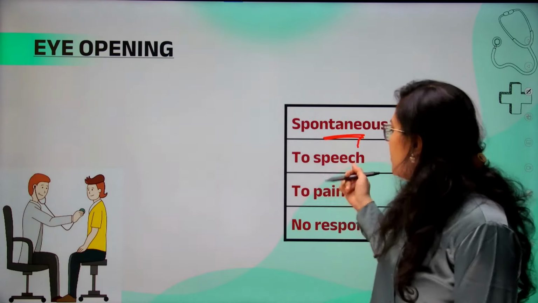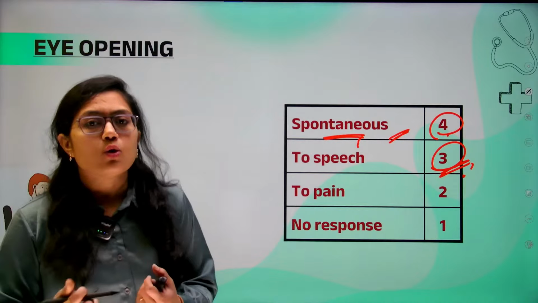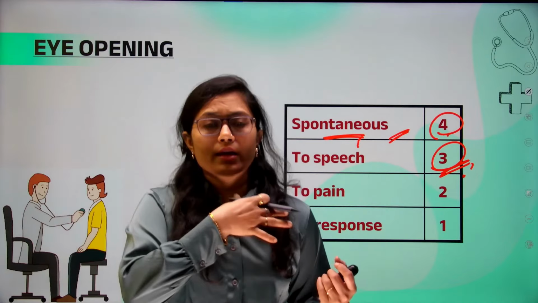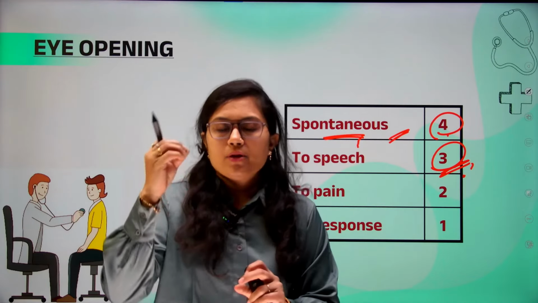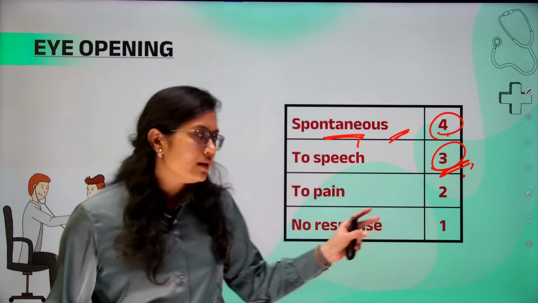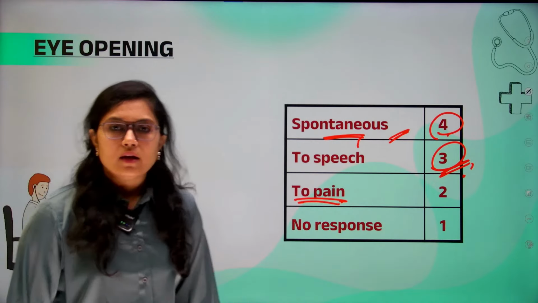Then comes 2, to pain. As I told you earlier, if we give a noxious stimulus to the patient, like pressing the sternal notch or pressing a nail bed, and the patient tries to open the eyes, it will be considered grade 2 on eye opening.